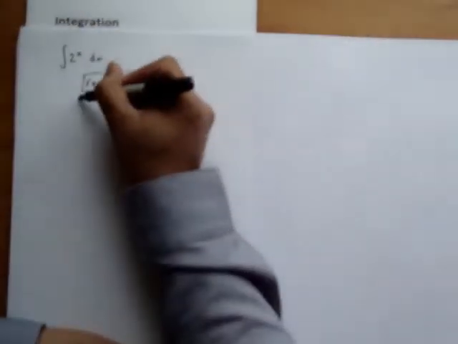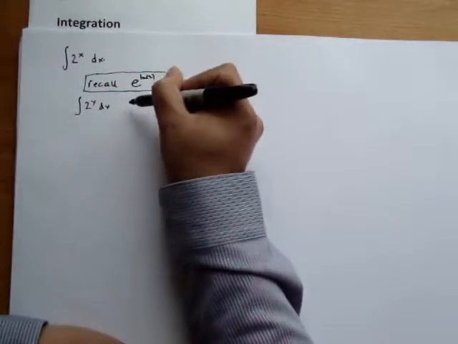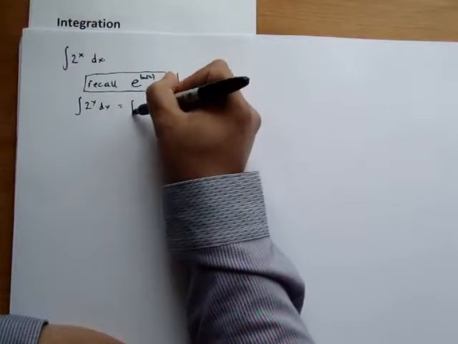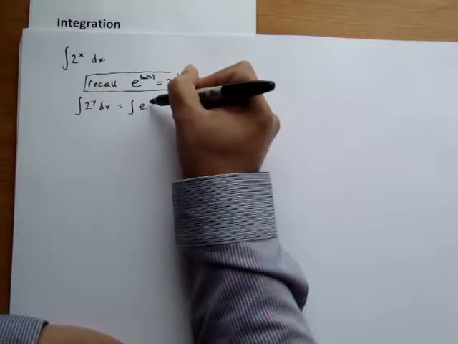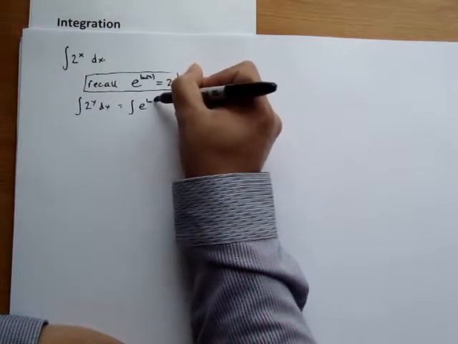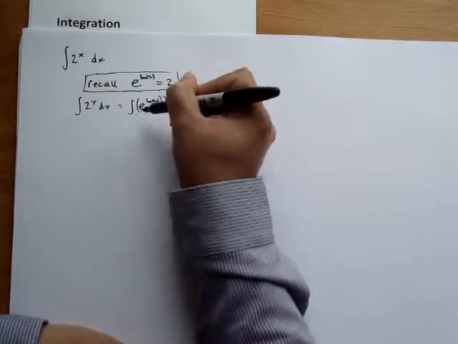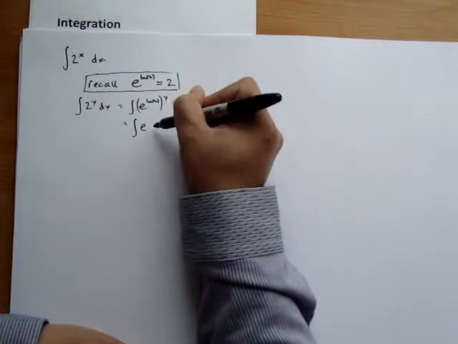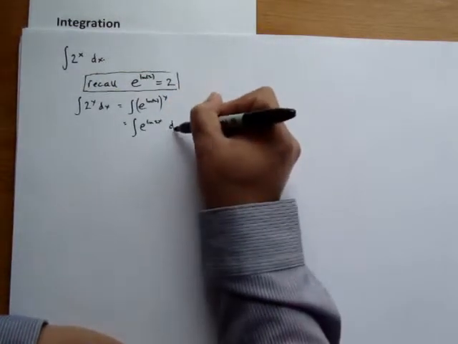So therefore the integral of 2 to the x dx is the integral of e to the natural log of 2, all to the power x, which is e to the natural log of 2 times x dx.